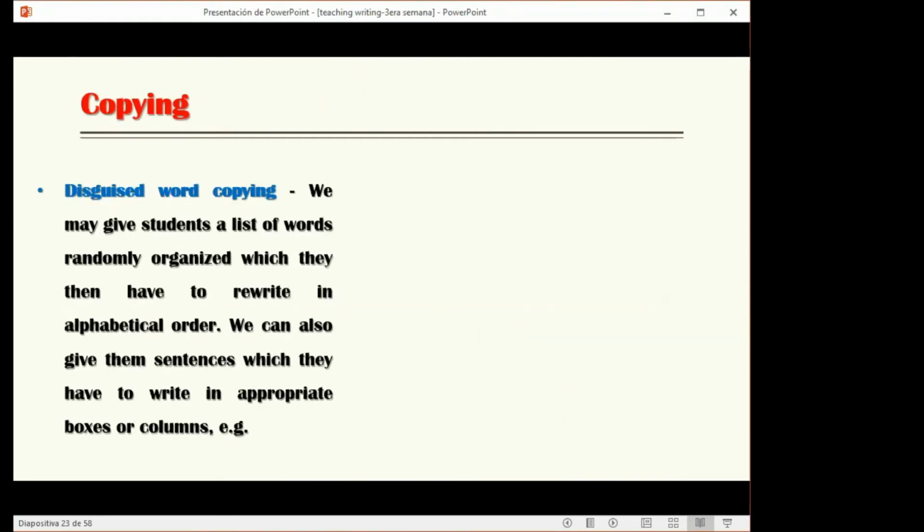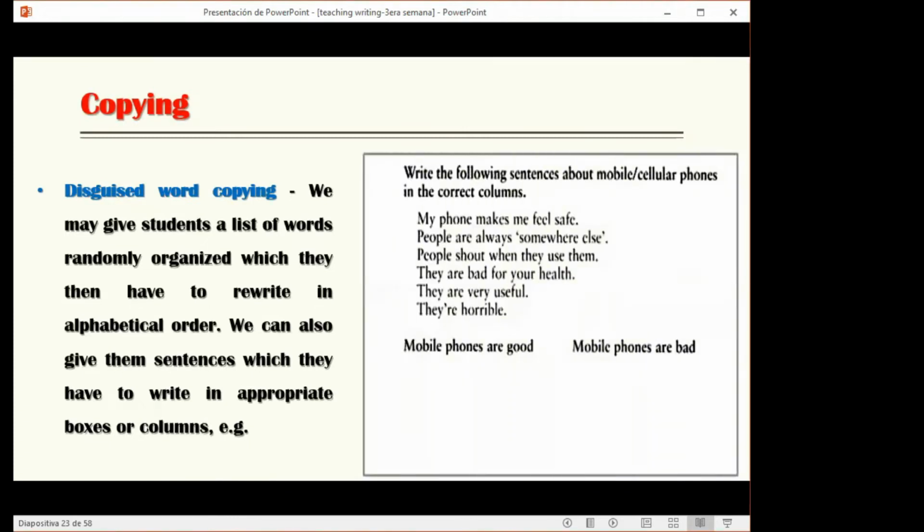Another one is copying. We may give students a list of words randomly organized, which they then have to rewrite in alphabetical order. We can also give them sentences which they have to write in appropriate boxes or columns.